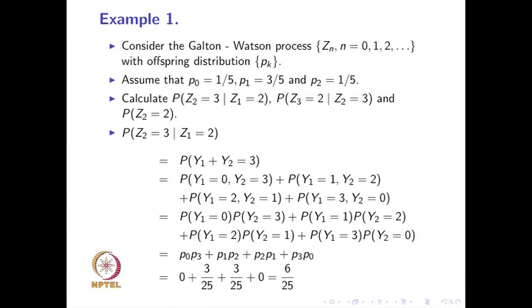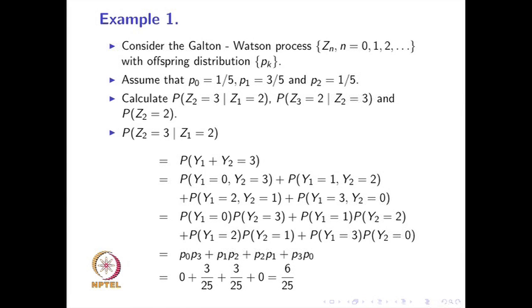Now, let us consider a simple example. Consider the Galton-Watson process Zn with offspring distribution Pk. Assume that P0 is equal to 1 by 5, P1 is equal to 3 by 5 and P2 is equal to 1 by 5. So, this is the probability mass function for the random variable Z1.